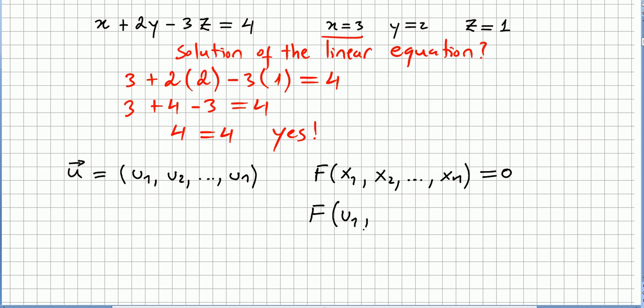So if we do f of u1, u2, un, and we get 0, then we say that this vector is a solution, or solves or satisfies the equation.